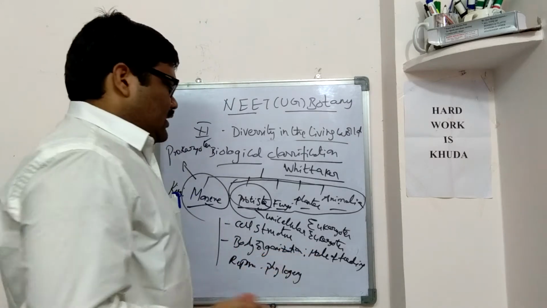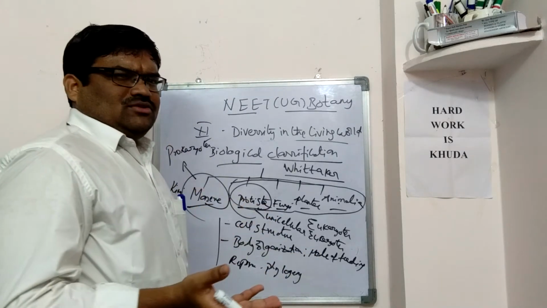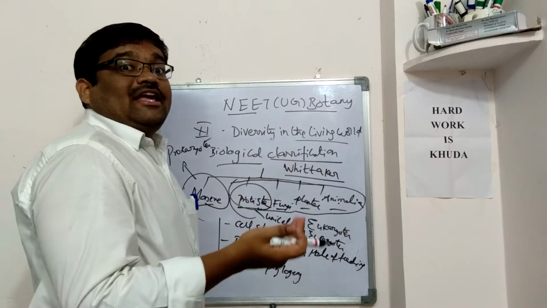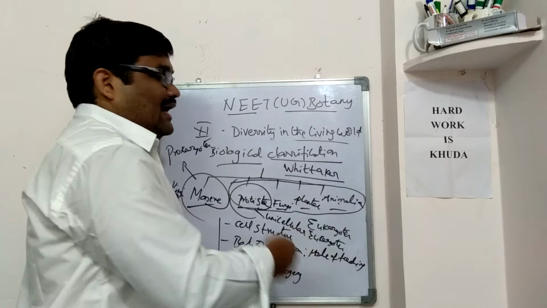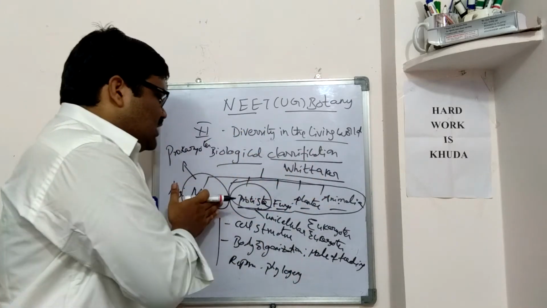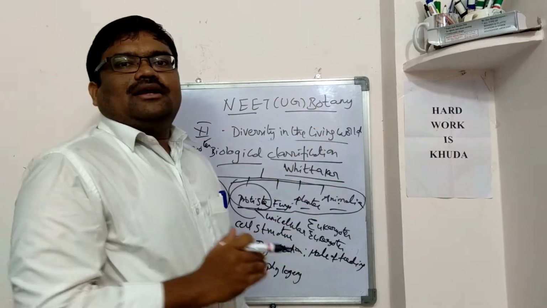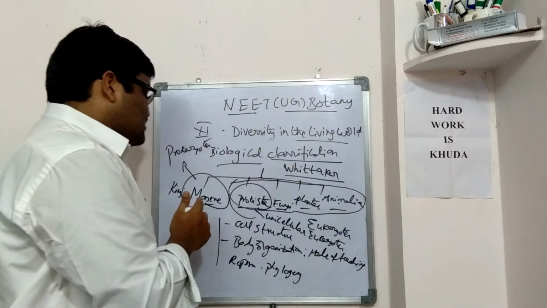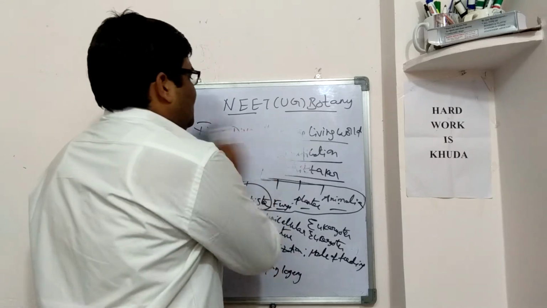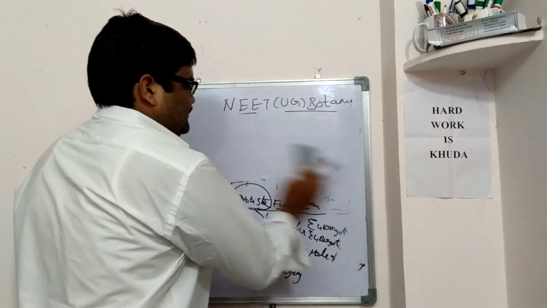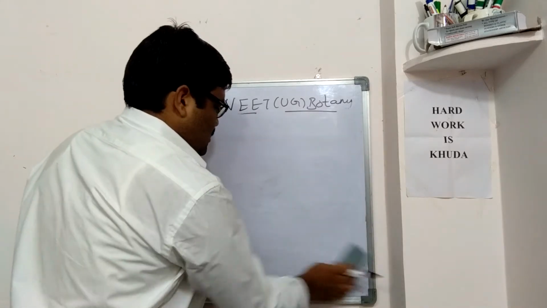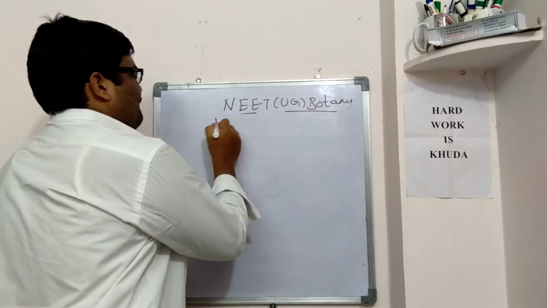Protista is a unicellular eukaryote. Fungi are multicellular or have loosely arranged tissues. Plantae and Animalia have tissue, organ, and organ system levels. Likewise, starting from Protista up to Animalia, they are all eukaryotes, and all prokaryotes are included under Monera. Let us have a look, at least in brief, at the different kingdoms. Okay, kingdom Monera.